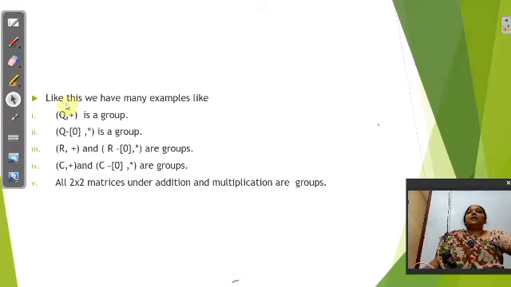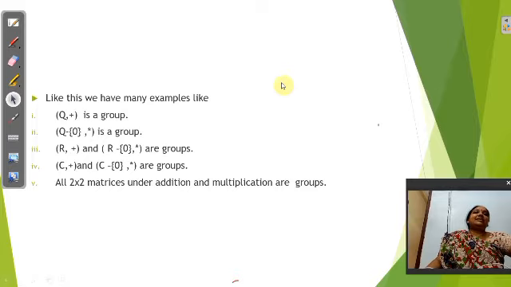Like this we have many examples. Rational numbers under addition are a group, and non-zero rational numbers under multiplication are a group. Why am I taking non-zero rational numbers?